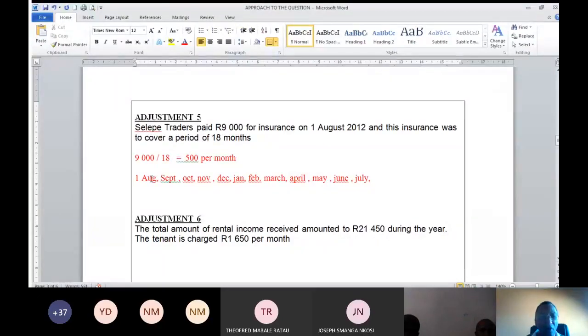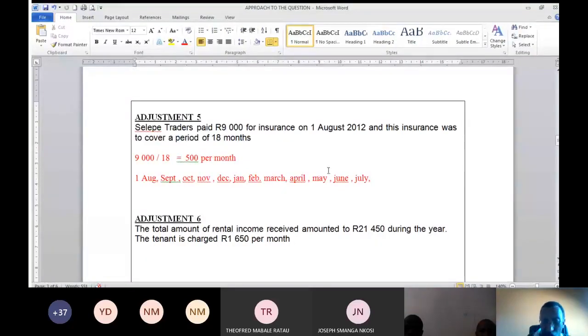So you paid for 1, 2, 3, 4, 5, 6, 7, 8, 9, 10, 11, 12 months. You have paid for 12 months because your financial year started on the 1st of August 2012 and ends on the 31st of July 2013.